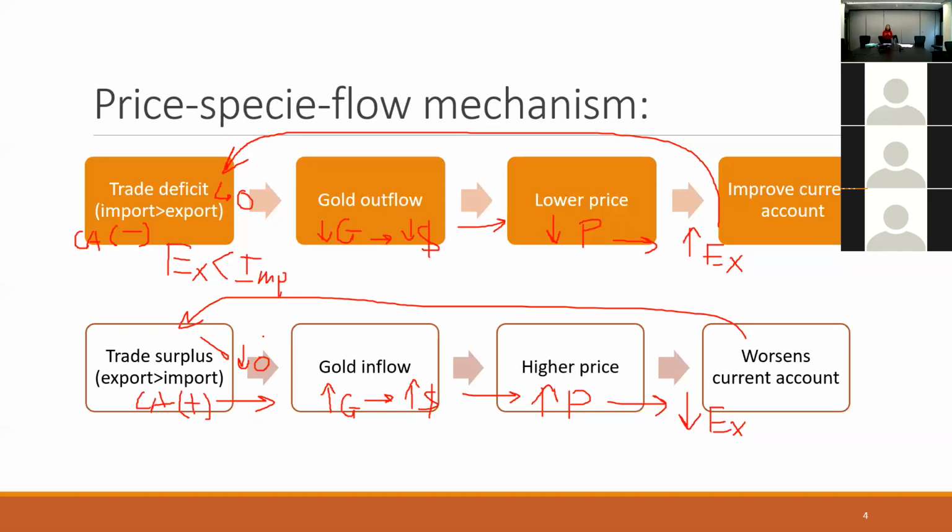So this was exactly the reason why the classical gold standard collapsed when the war happened. During World War I, people were not too concerned about how much their currencies were worth, but more concerned about how to finance the war. As a result, people started to devalue their currency against gold.